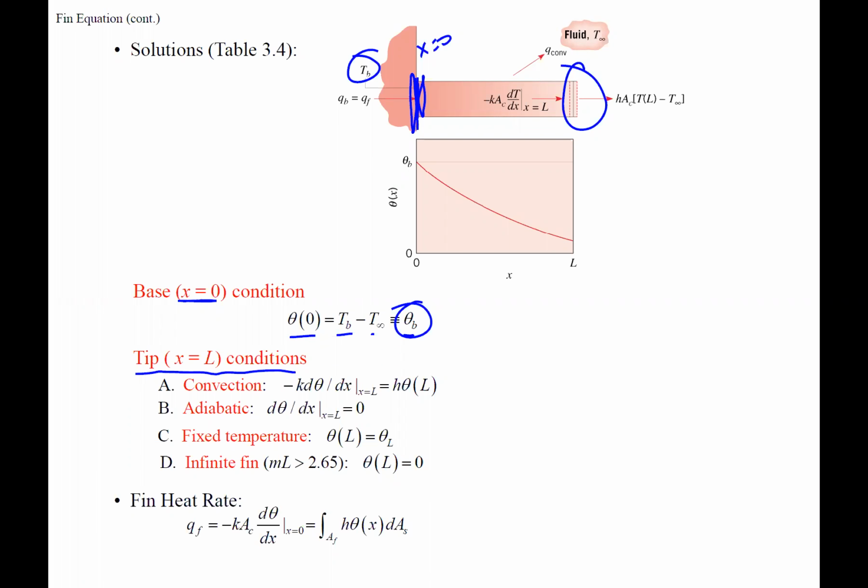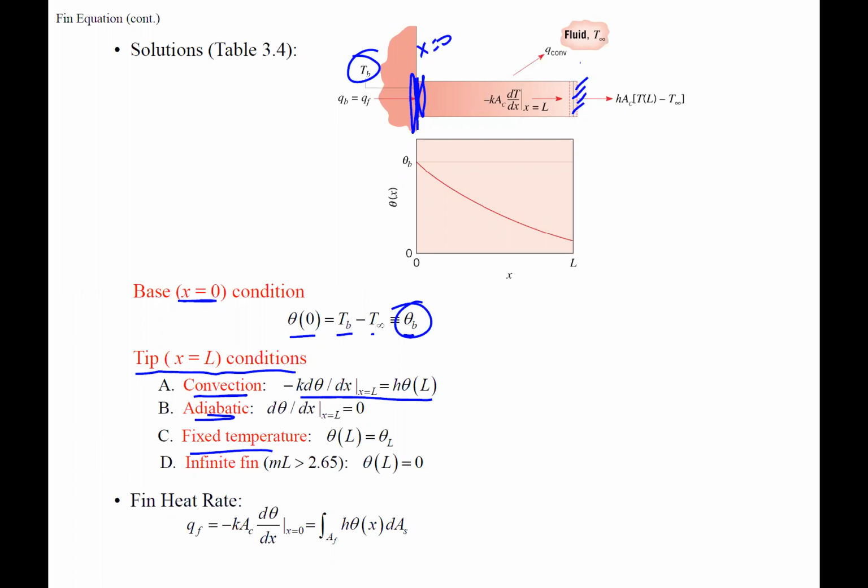So if you have convection on the end, that's A. So that's convection on the tip. If it's adiabatic, okay, so the first one would be convection, right? That's A. Adiabatic is if this is insulated.